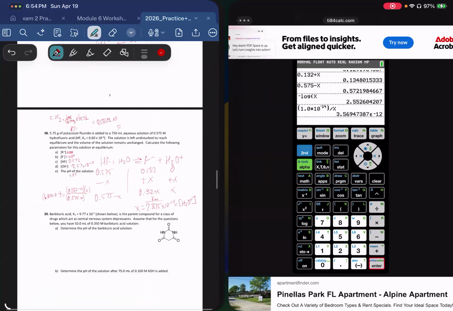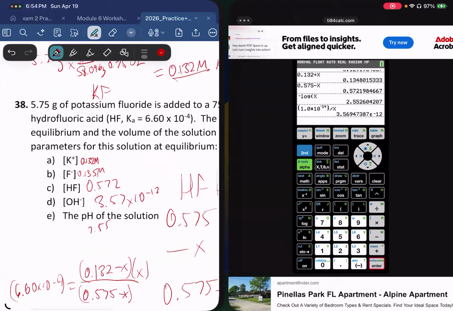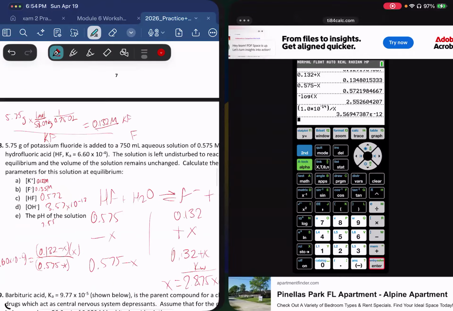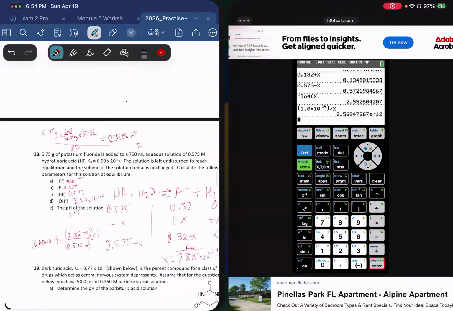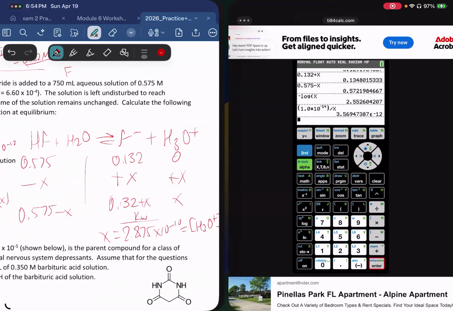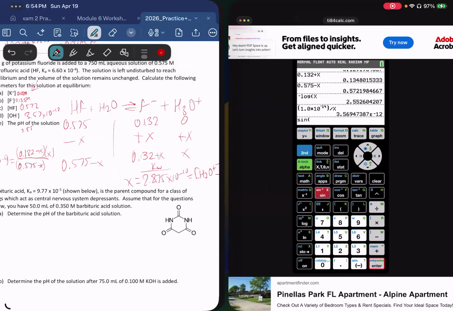Let me just recap this question because it was kind of a bad question and I didn't explain it well. First, you have to find the molarity of KF, and then use that molarity for K plus. Next, we write out a reaction and find the ICE chart to figure out all the equilibrium expressions. Because HF was in the solution initially, we use this formula: HF reacting with water produces F minus plus hydronium.